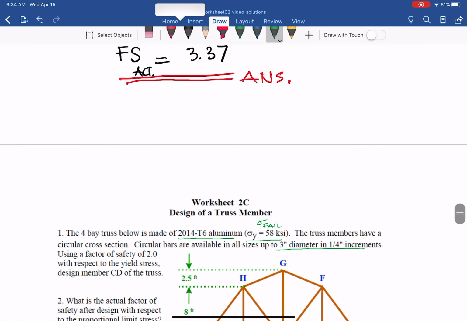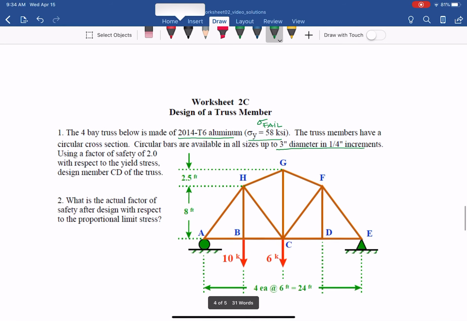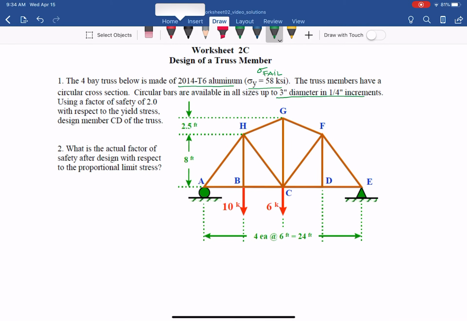So in this case, up to 3 inches. In the market, for example in this problem, it will go from 1/4 inch, then you have 1/2, 3/4, 1, 1 and 1/4, etc., until 3 inches. That is where the size you need to choose from.